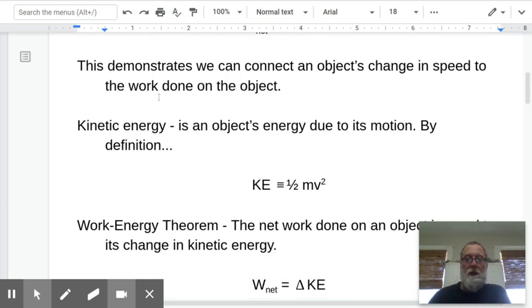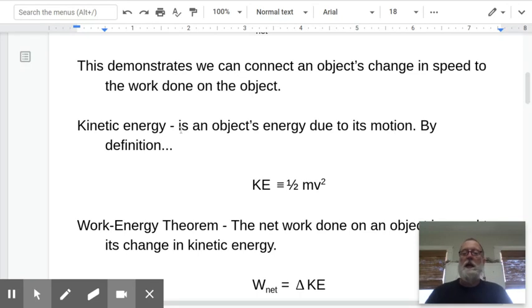Now when we look here, physicists have, by definition, said kinetic energy is an object's energy due to its motion. And remember, before we said energy is anything that can do work. If you have something moving like the head of a hammer, it can hit a nail and do work against the nail by driving the nail into the board.